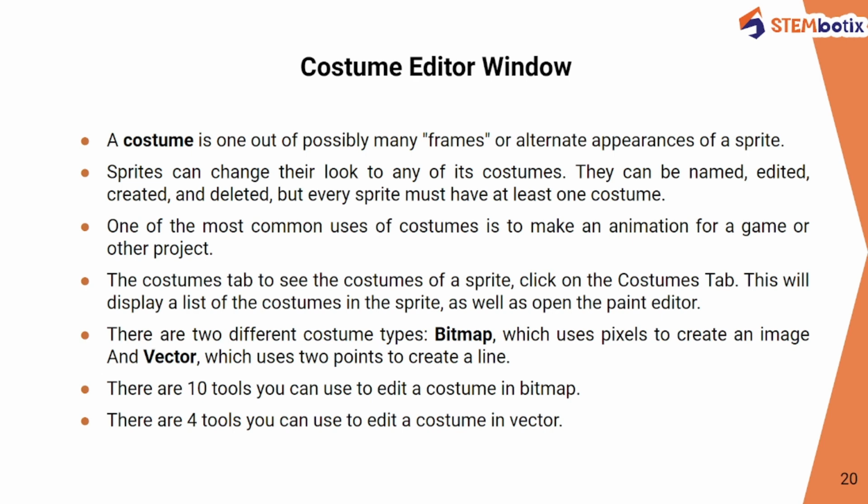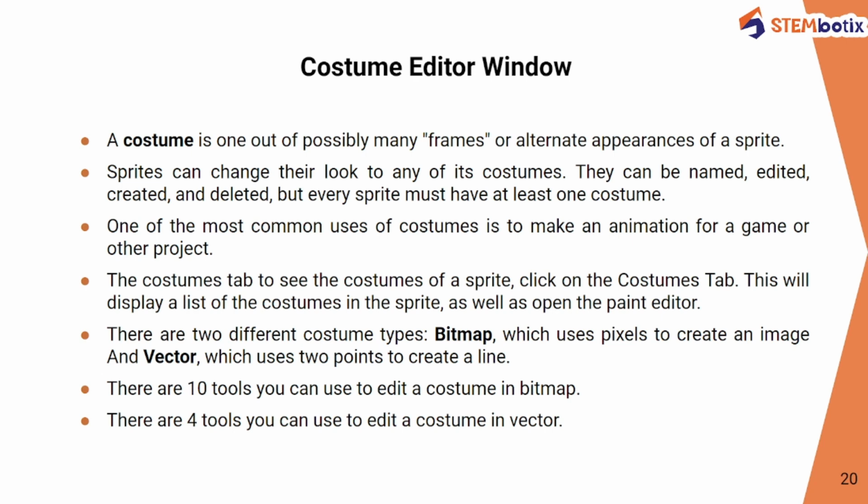There are two different costume types. The first one is bitmap and the other one is vector. So what is bitmap and what is vector? Bitmap uses pixels to create an image. Image means here your sprite. So to create your sprite's image, it uses pixels, hence it is named bitmap.